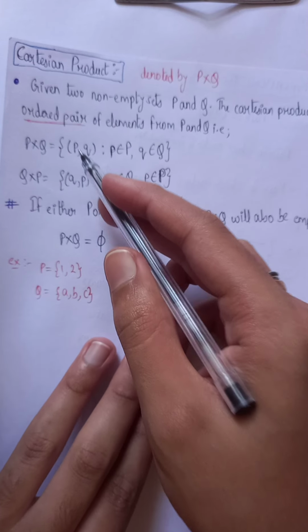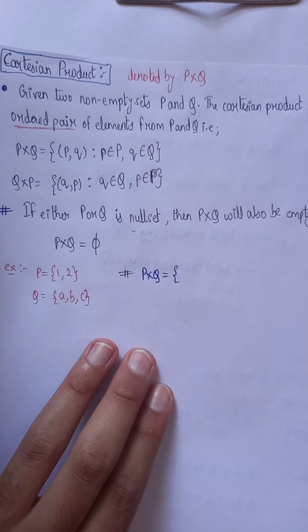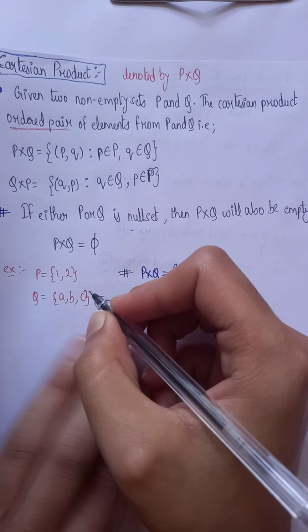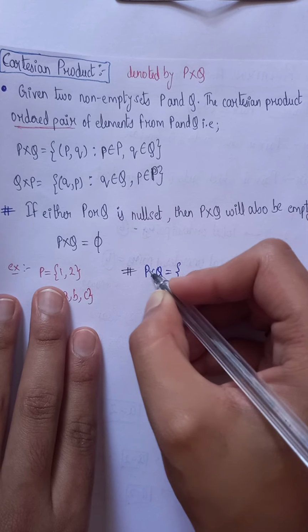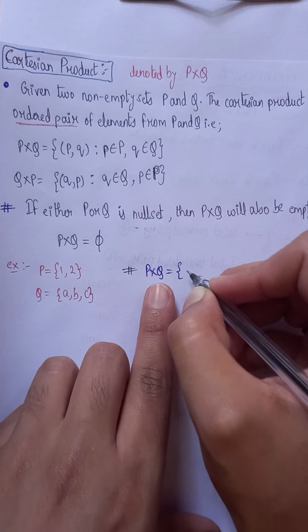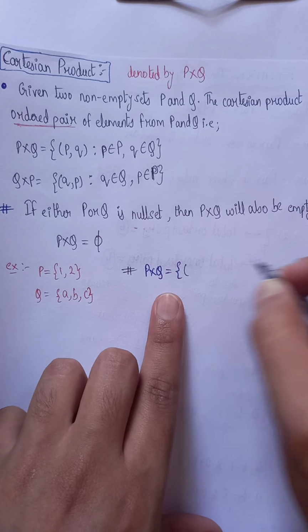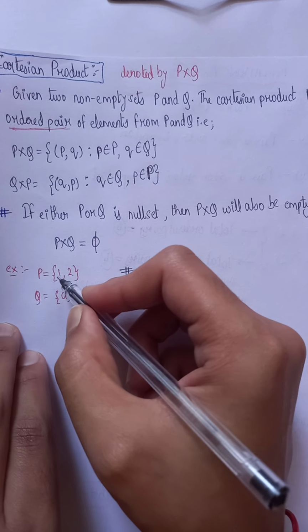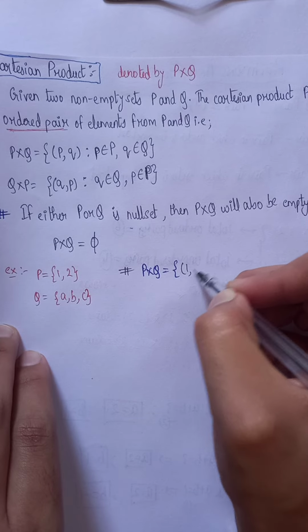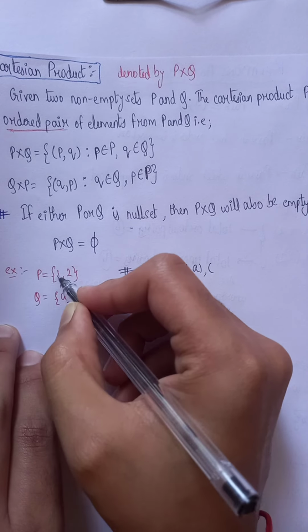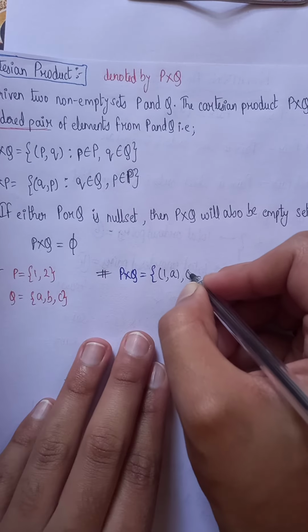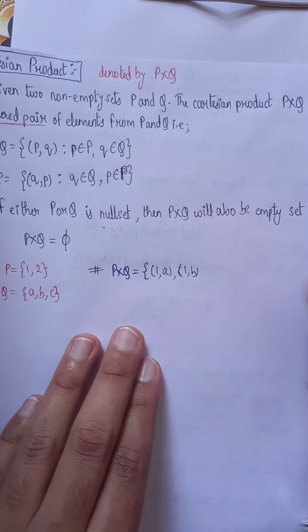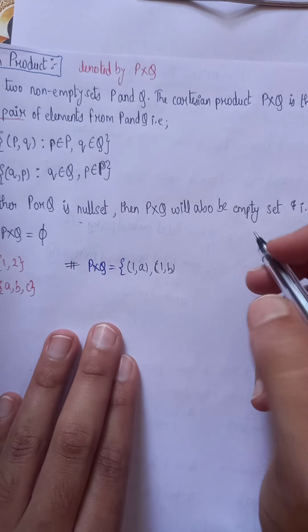P cross Q means the elements of P and the elements of Q. P is coming first, so we need to write the elements of P first. It's not like 1, 2 and then a, b, c. No, you need to pair them: 1 comma a, next 1 comma b, next 1 comma c.